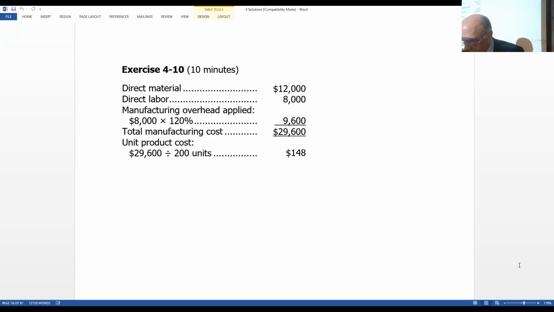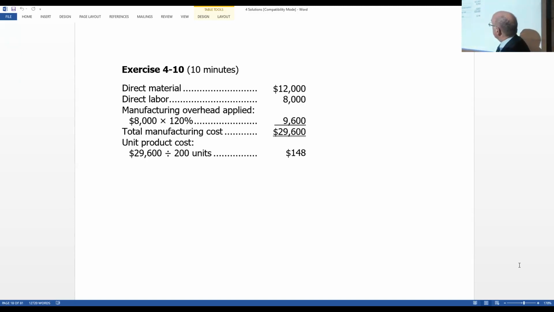So the requirement, what is the total manufacturing cost assigned to job 413? We have the three components. Direct material they gave us, direct labor they gave us. All we have to figure is the indirect stuff, manufacturing overhead, add that to the other two, and we have our answer. Then what is the unit product cost? We have to divide that by the number of units. They tell us 200 units, so whatever we got before, we divide by 200.